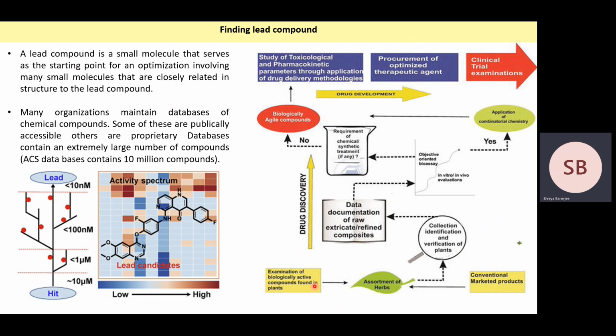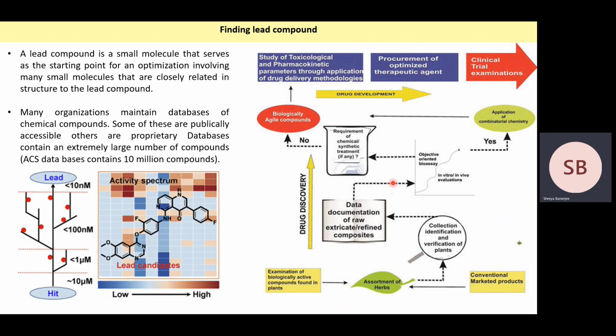So we will examine several biologically active compounds found in plants or herbs, and also different marketed products, that is drugs. Through a combination of this, a library of compounds is created and the data is collected to form a library of possible new drugs.